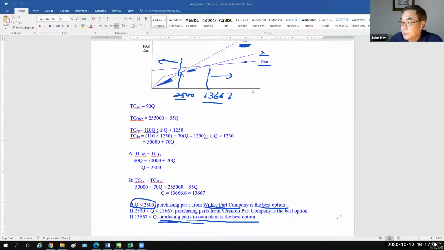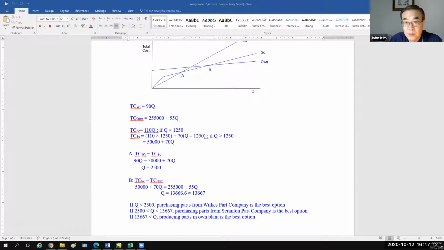Okay, for this question, as I mentioned, develop total cost equations for each option, and then determine which one is which, and then define the two points, A and B, and at each point, which one equals which one.